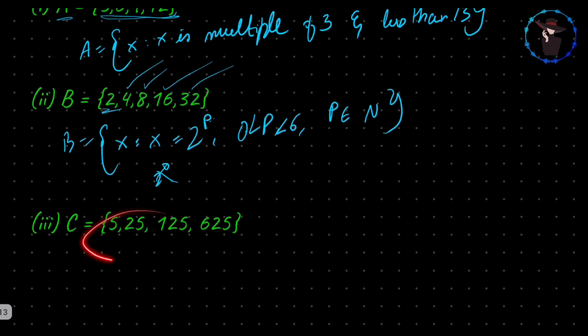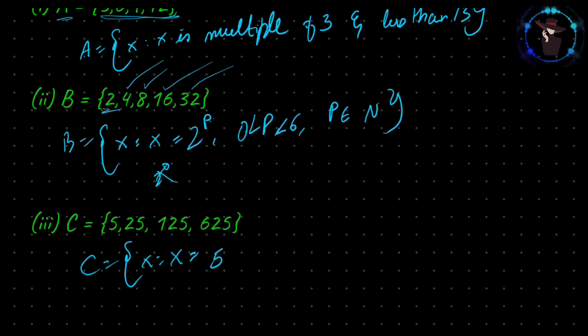Now these are the powers of 5: 5 square, 5 cube, right? Similarly, we will write the answer as C is the set name with x elements such that x equals 5 power p, where the values of p start after 0 and end before 5, where p belongs to natural numbers.